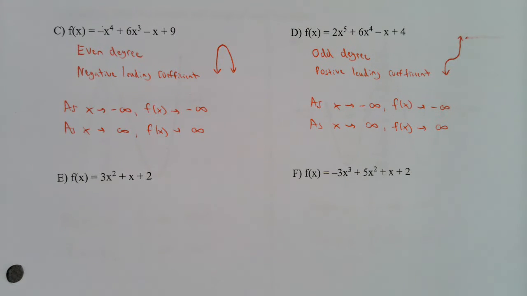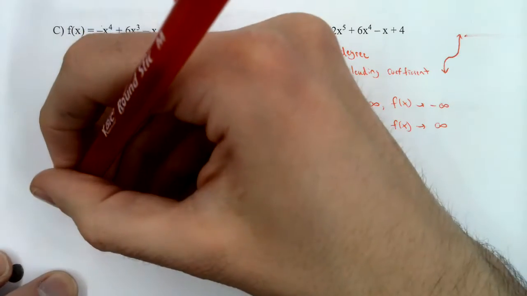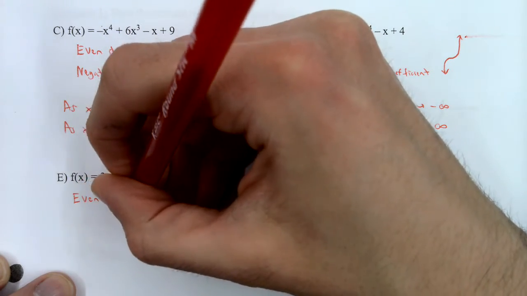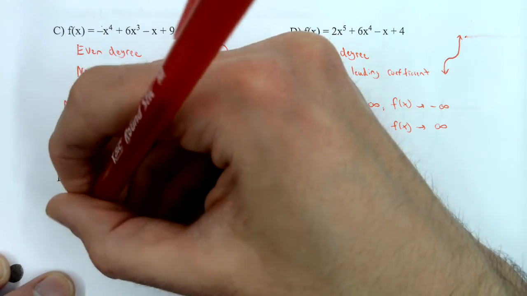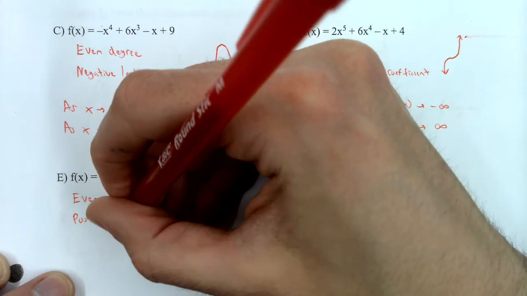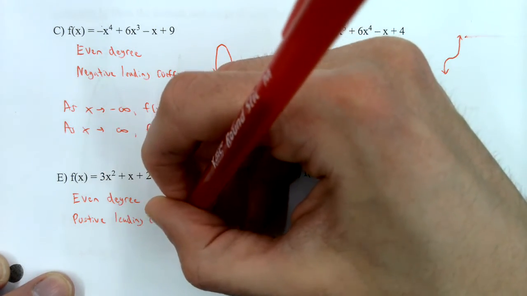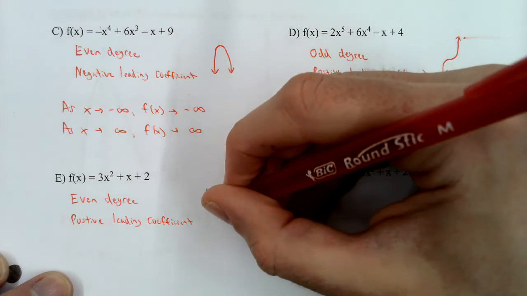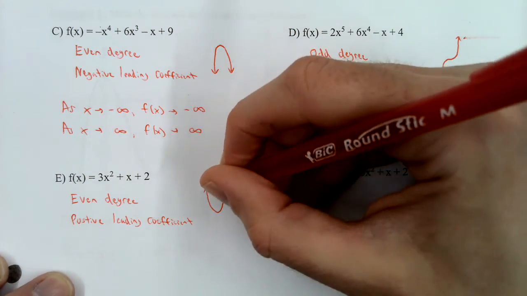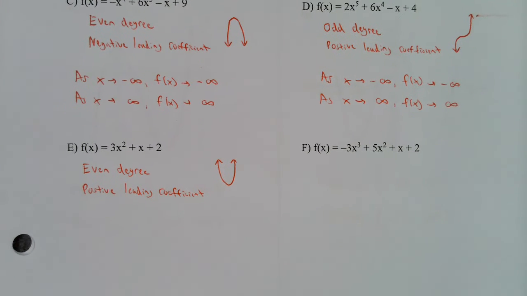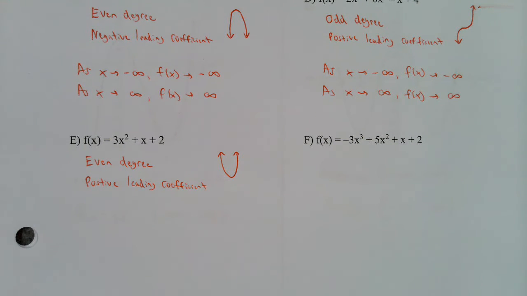Next one has even degree and a positive leading coefficient. So again, think back to the previous page. The basic shape for this one's going to look like that. So it's going towards positive infinity in each direction.